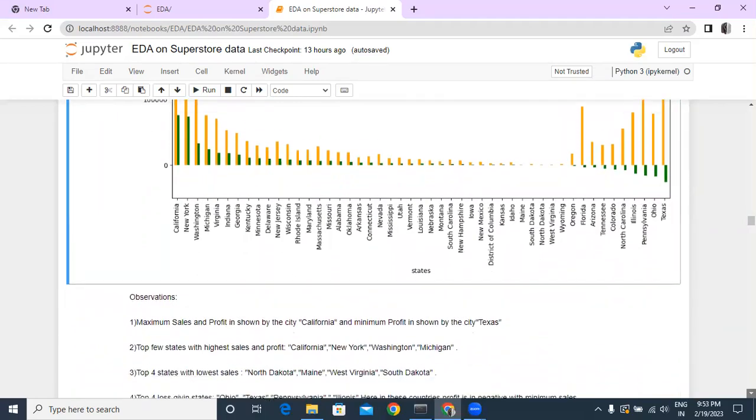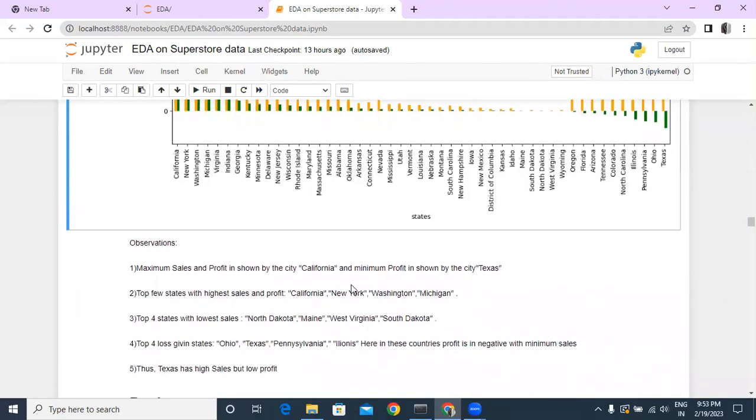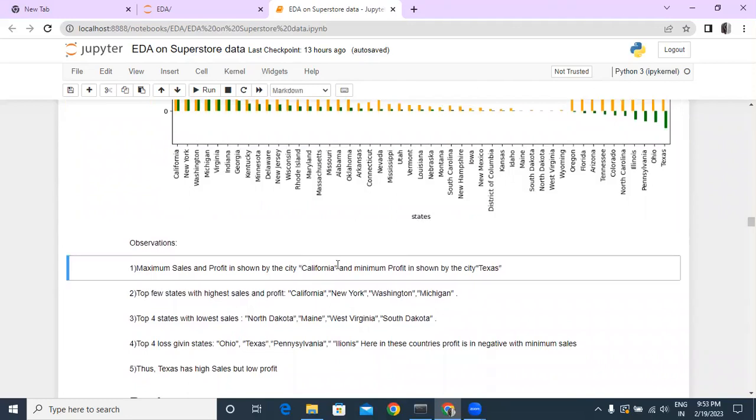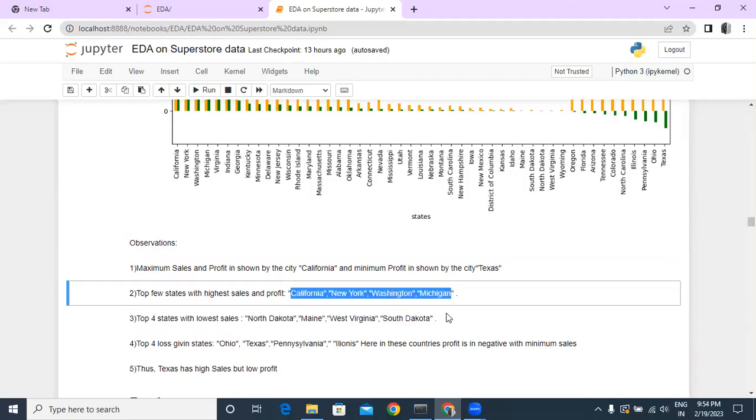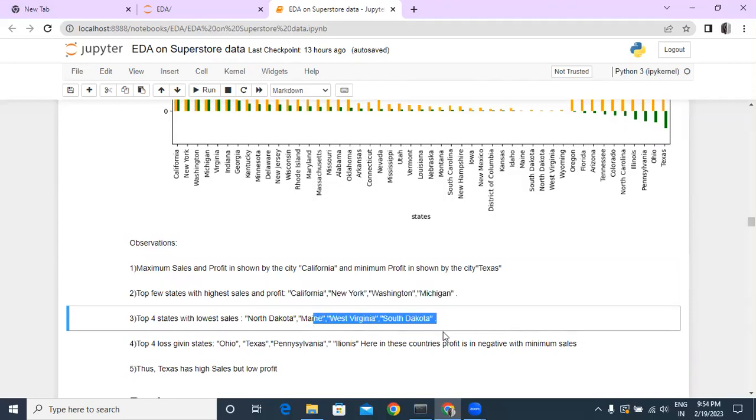So what we have analyzed from here is that maximum sales and profit are shown by California, and minimum is shown by Texas. We have further analysis of the few states which are giving highest sales, that are California, New York, Washington, Michigan. Then the 4 states which are giving lowest sales, and these are the top 4 states which are facing losses.